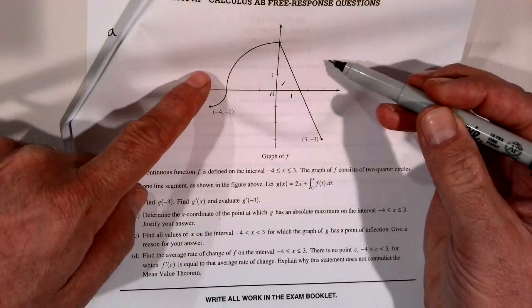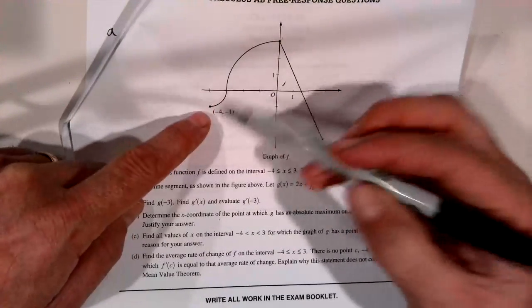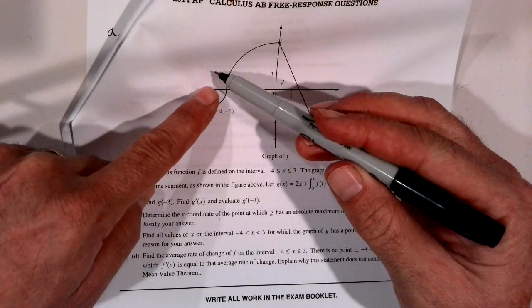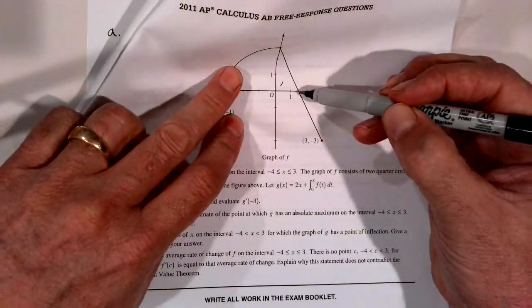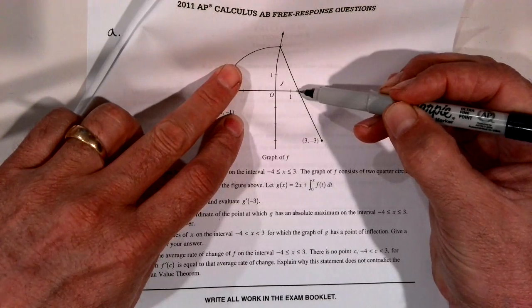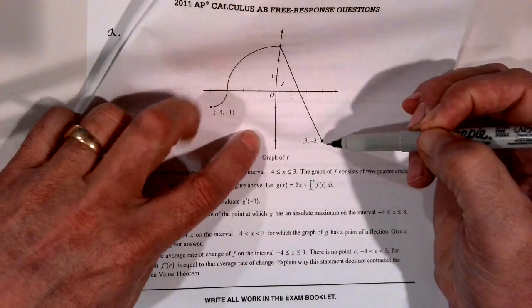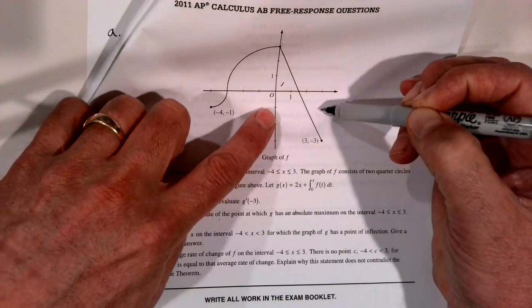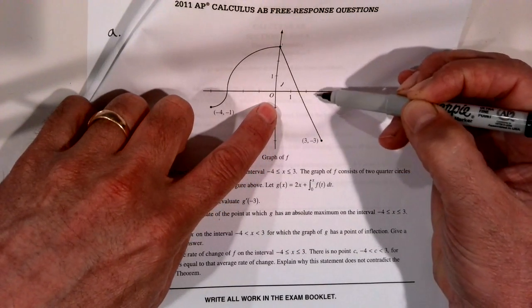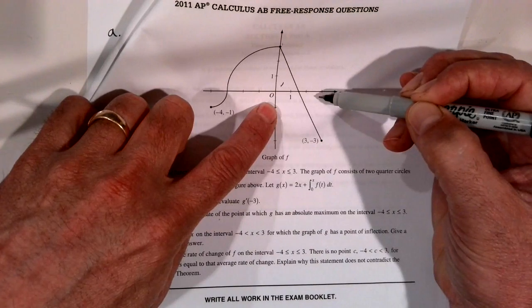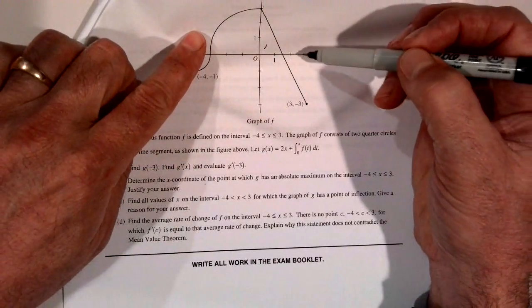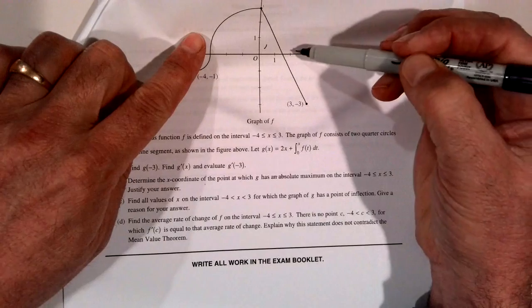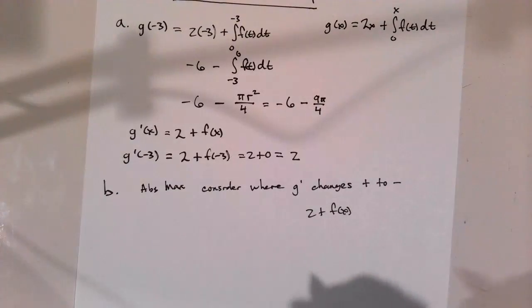That means this part is going to be above the x-axis, and this is going to move up as well. Right now it crosses here at 3 halves. If I move this up 2 units, it's going to end up crossing right there at 5 halves. So if you shift the whole graph up 2, it's going to change from positive to negative right here at 5 halves.